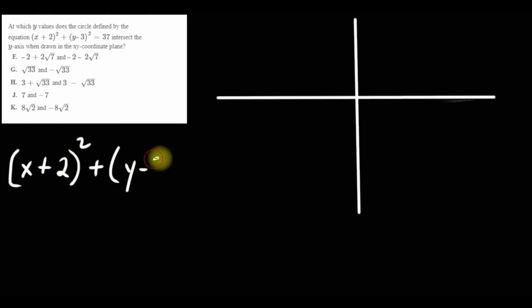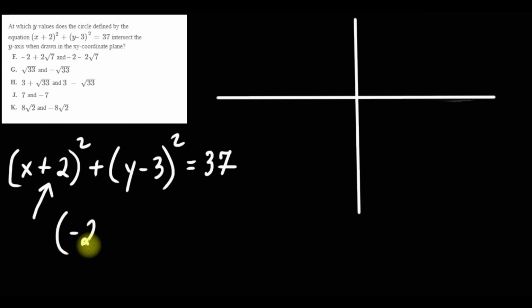Okay, so here's the coordinate plane. The given equation we have here is (x + 2)² + (y − 3)² = 37. To find the center of the circle, it's the opposite of this, which is negative 2 for the x coordinate.